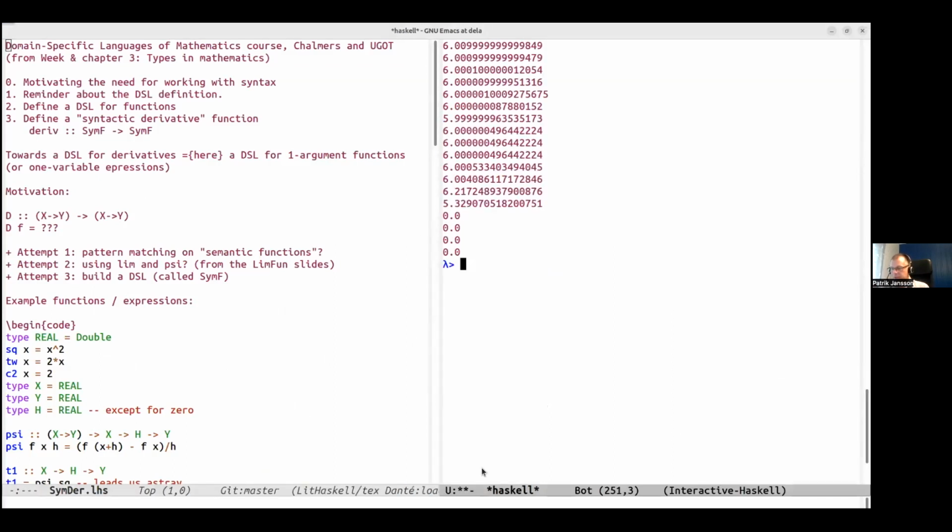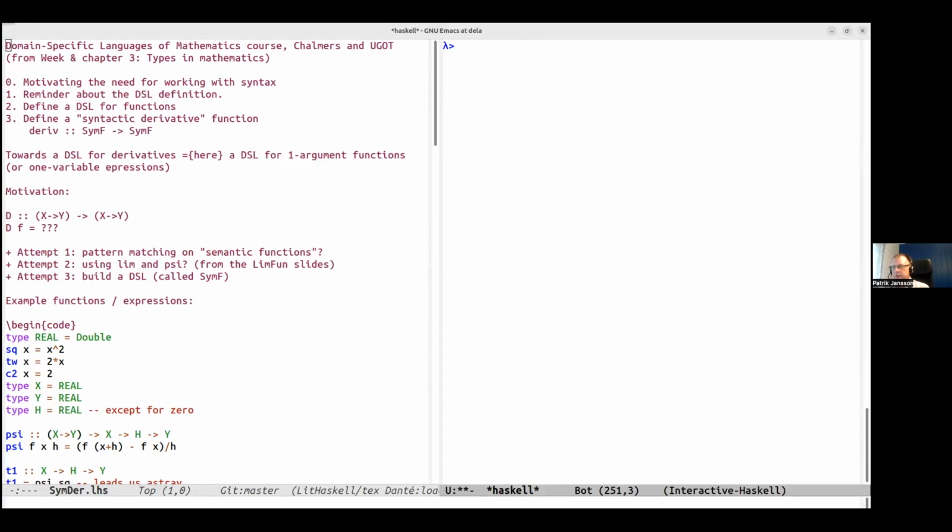So let's clear here. I'm now in another file than yesterday. And what I want to do here is motivate the need with working with syntax. I've sort of already done half of it, but I will do it a little more from another point of view here. Remind you about the DSL definition and define a DSL for functions. And using this, we should be able to define a syntactic derivative function, deriv.